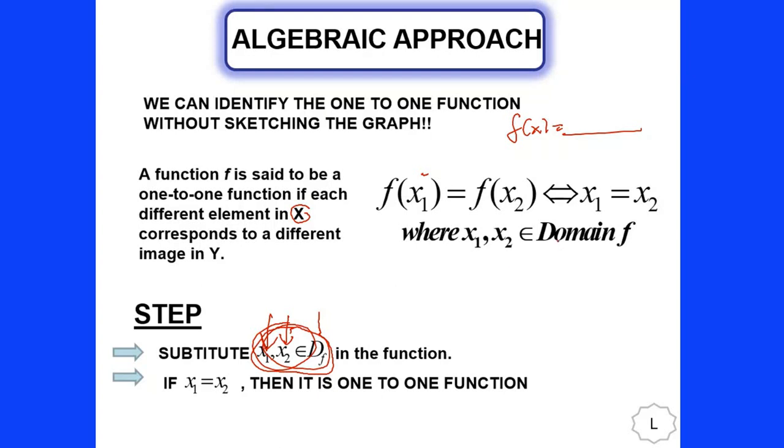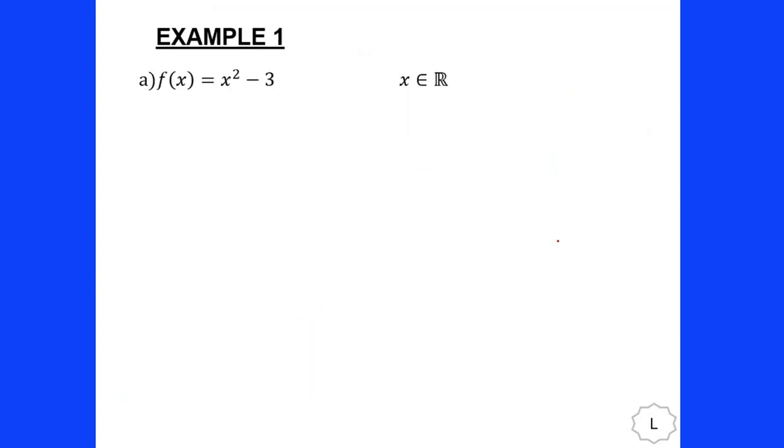Okay, example 1 using algebraic, to check whether the function is one-to-one. You can use graphical, but now we are going to use algebraic. Graphical is like this. This is quadratic, right? It's my quadratic graph, this is the x-axis, shifted down. This is x squared minus 3.